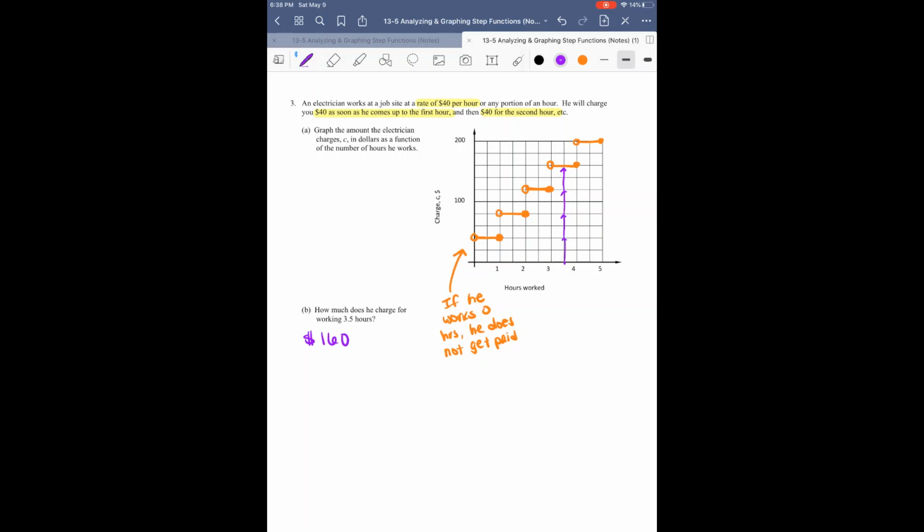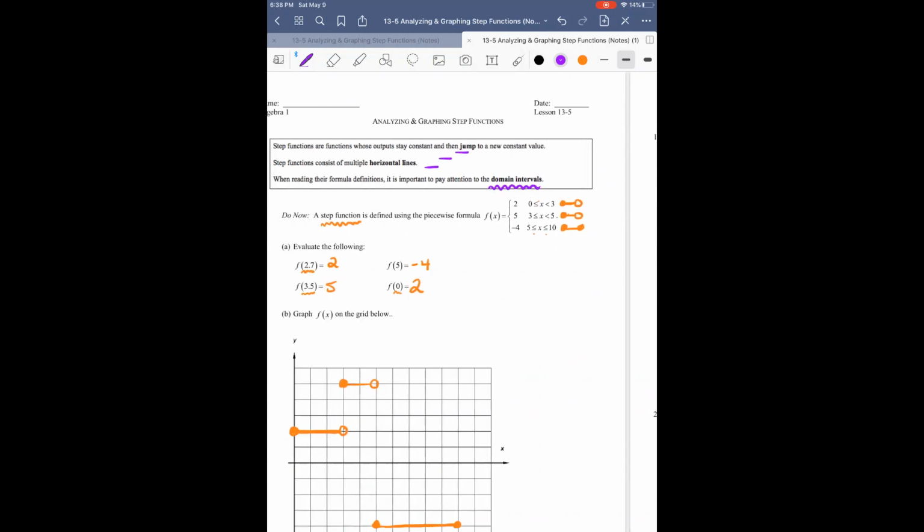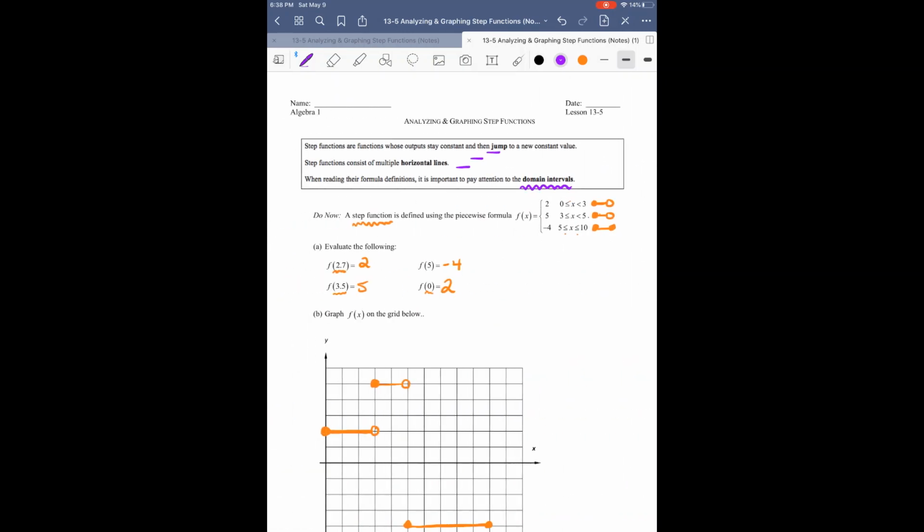Okay, so as you can see from this video, our step function will resemble somewhat of a step looking graph. So in this case, it looks very much like a staircase. And in the prior example over on the Do Now, it doesn't look as much like a staircase, but all of these graphs have something in common. They consist of multiple horizontal lines.